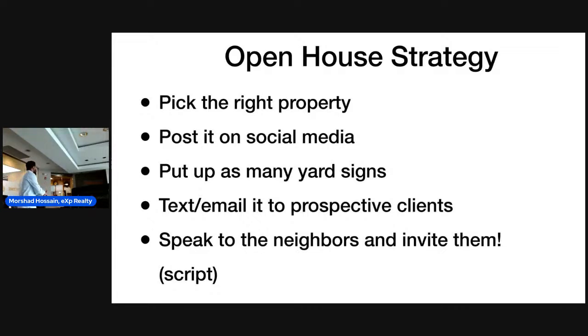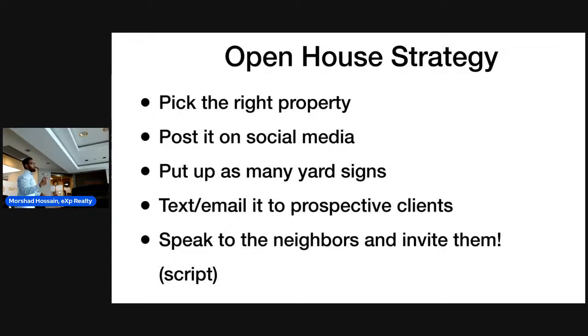Pick a property in an area where you want to do more business, number one. Number two, pick the property that's in the right price range. Number three, pick a property that is move-in ready and in good condition, right? Why? Because you want as many people coming into the open house as possible.